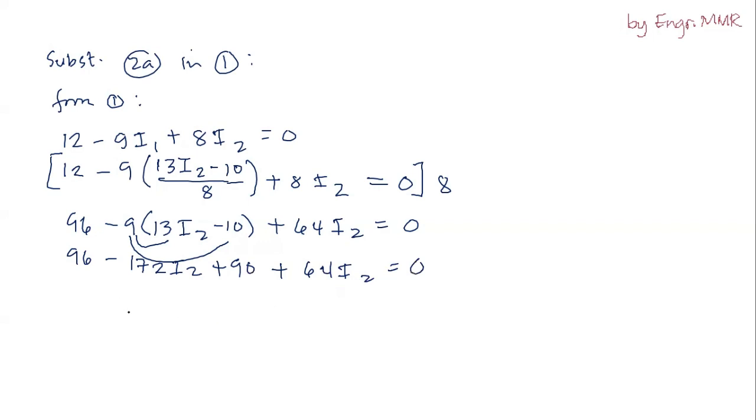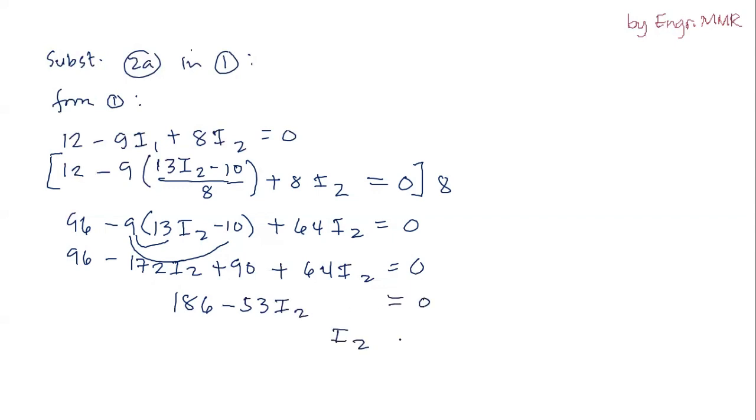And then we will collect similar terms. So constants, 96 plus 90, so we have 186. And we have to add algebraically the I2 terms, so we have negative 117 I2 and 64 I2, and that is negative 53 I2, equals 0.